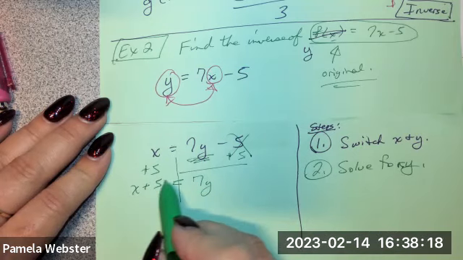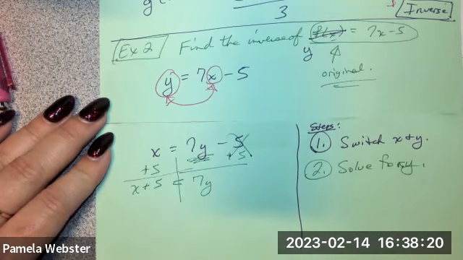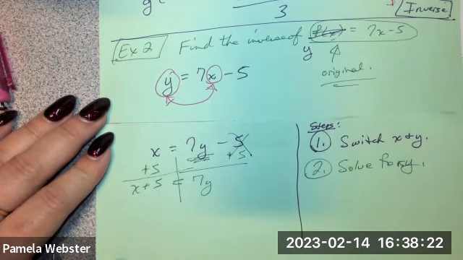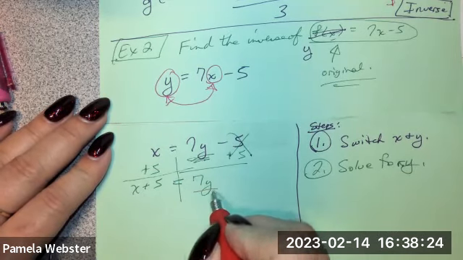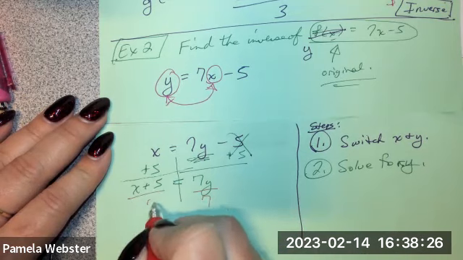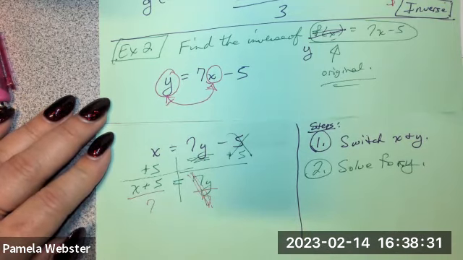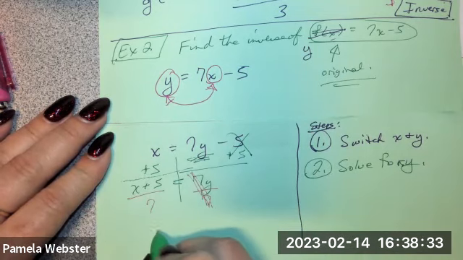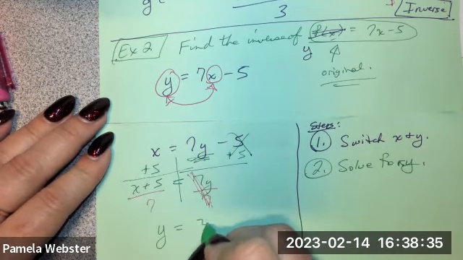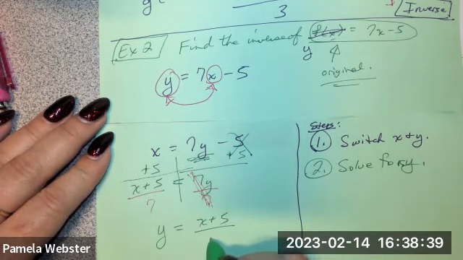Okay, am I done solving for y yet? No, I've still got a number out in front of that y. So it's a 7, it's being multiplied. I'm going to divide by 7 on both sides of the equation. And when I'm done, and I'm going to switch these around, I've got y equals x plus 5 divided by 7.